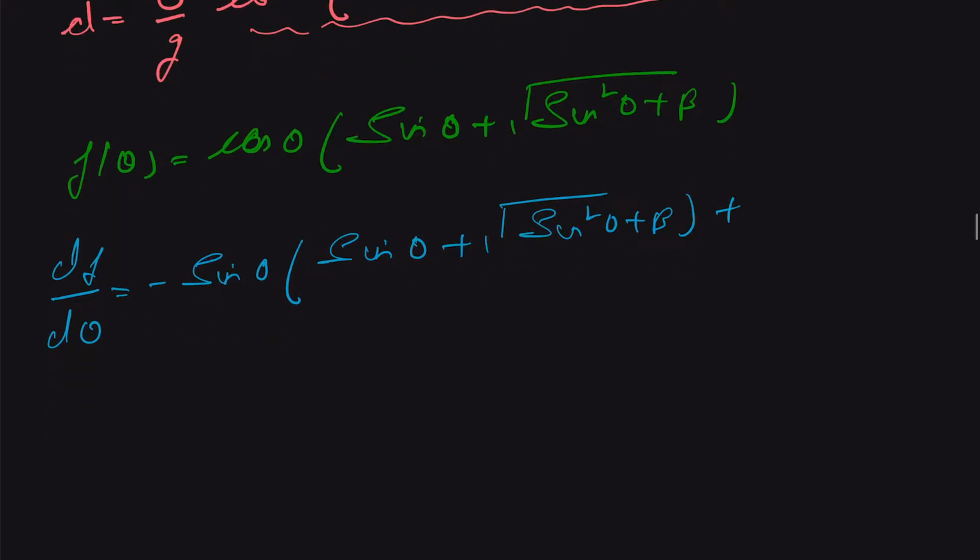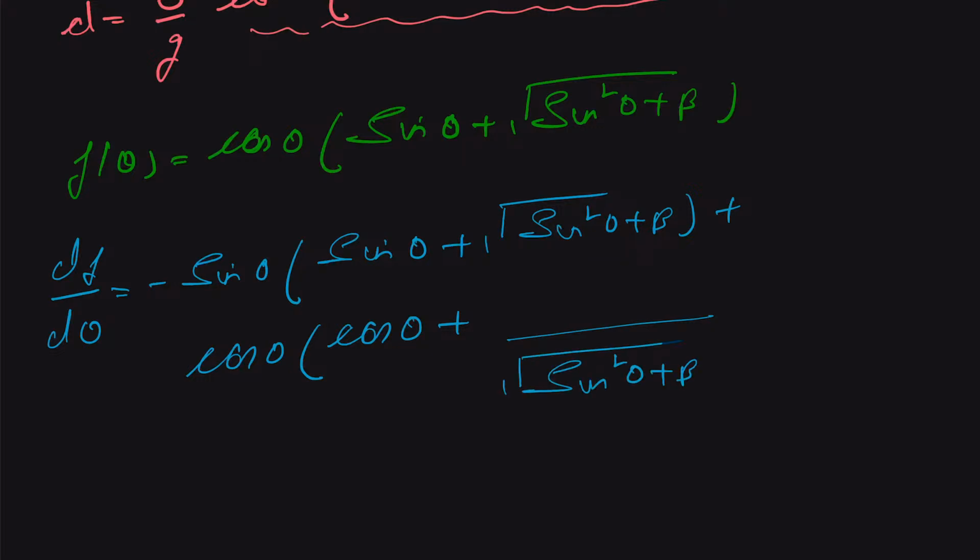And that will be plus cos θ, and the sine gives us cos θ, and the denominator will be the square root of sine square θ plus β, and we get 2 sine θ cos θ, 2 and 2 cancel, so this comes as sine θ and cos θ.